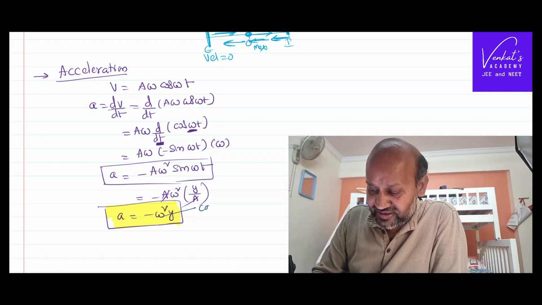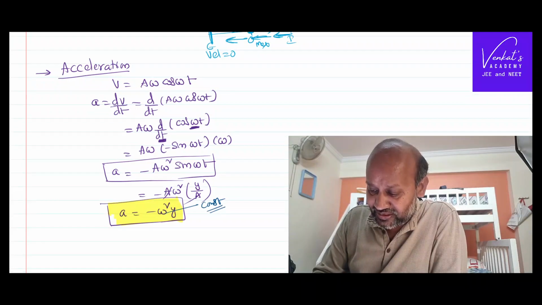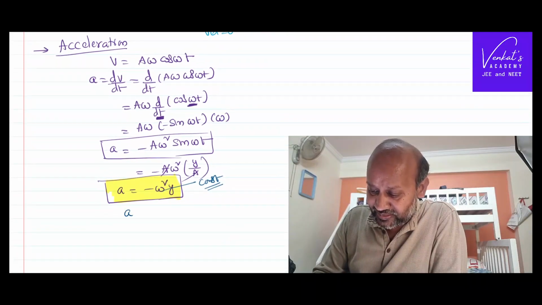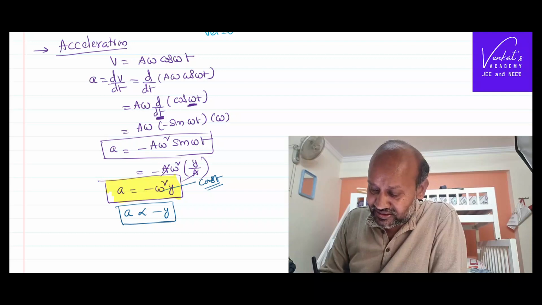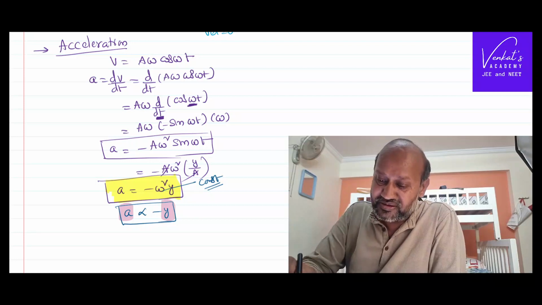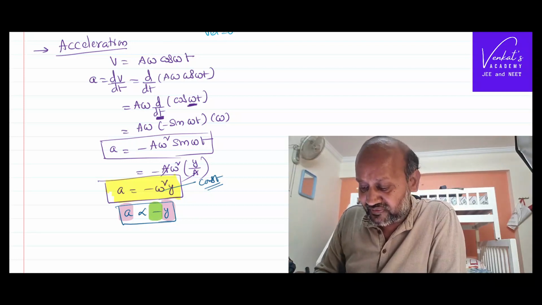As the body is in uniform circular motion, angular velocity is constant. As omega square is constant, acceleration is directly proportional to minus y. So here it says two things. What are those two things? Acceleration is directly proportional to displacement, and the negative sign indicates that they are in opposite directions.